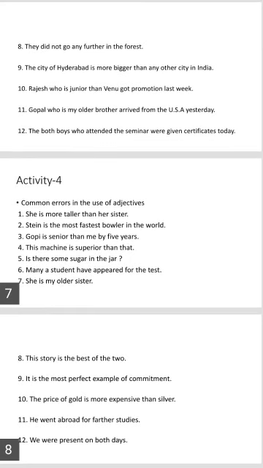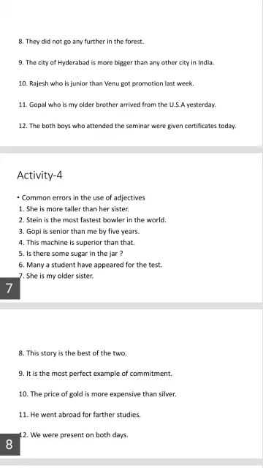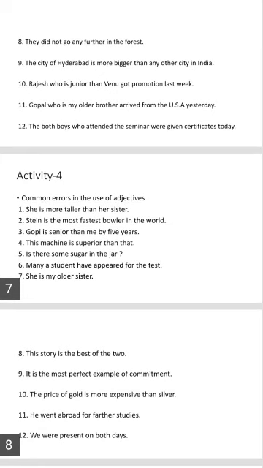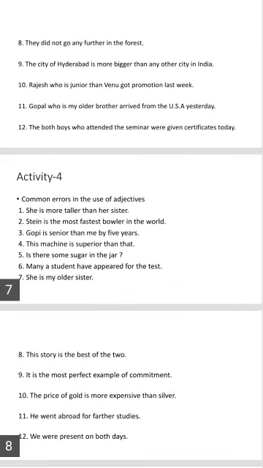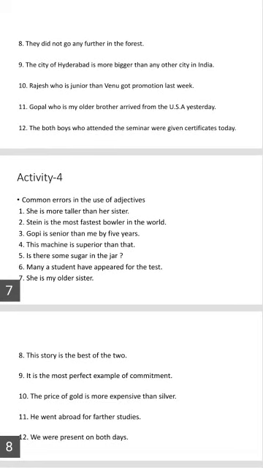Next sentence, Rajesh, who is junior than Venu, got promotion last week. As I told before, junior, senior, superior, inferior, prefer: after these adjectives use the preposition to, not than.